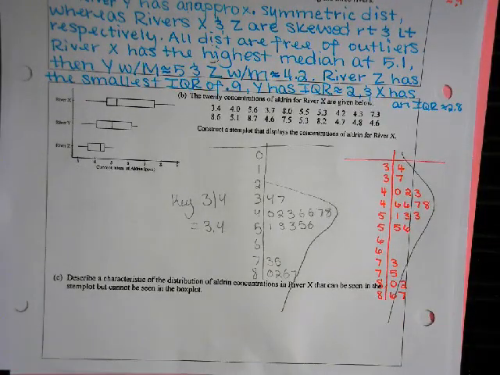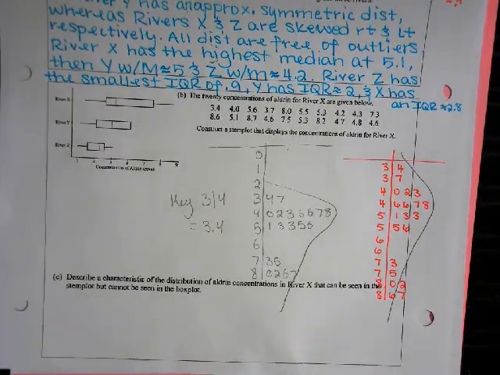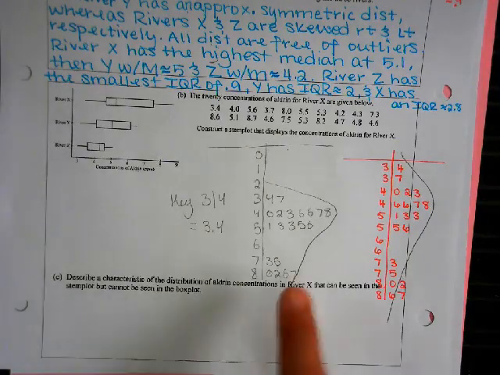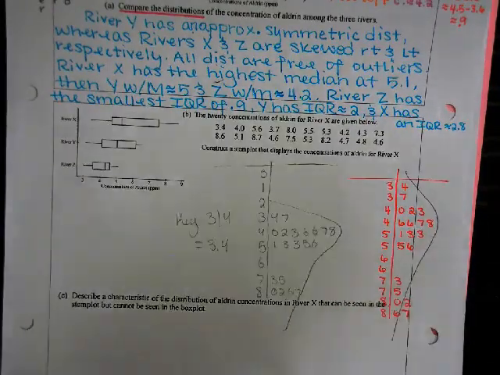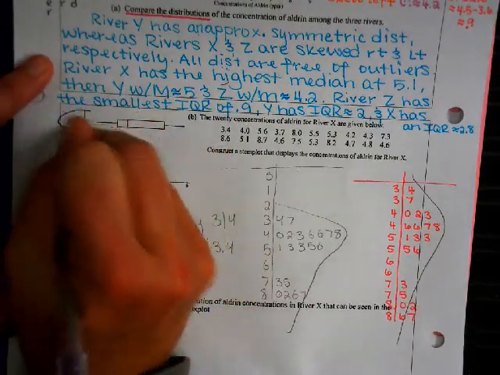Now, what can we see? We're looking at River X, which is this top box plot. So what can we see in the stem plot that is not obvious in the box plot?